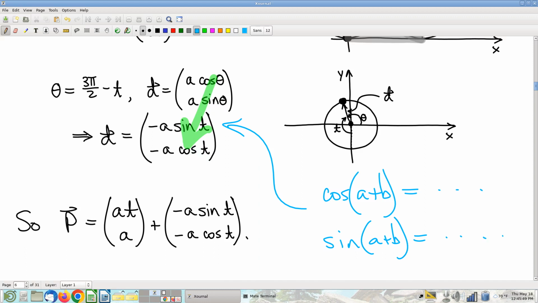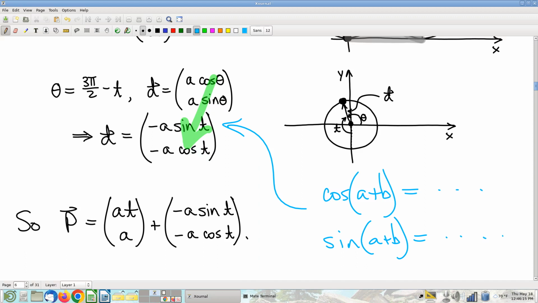These are formulas that everybody should know. High school trig teachers seem to have decided that students don't need to know these formulas anymore. That's really not true. Certainly for this class, certainly for anyone who's going to do anything in engineering or physics, angle addition formulas come up all the time.